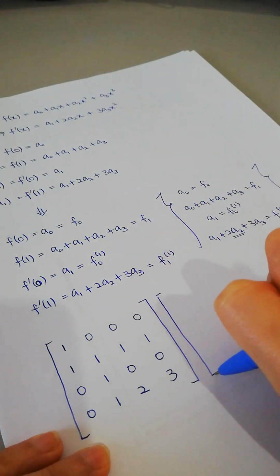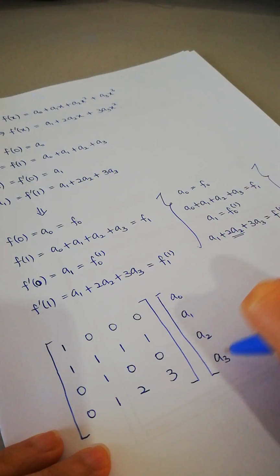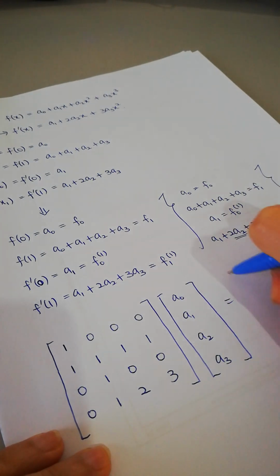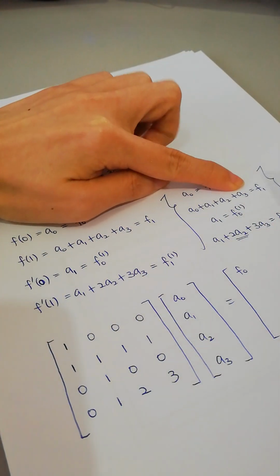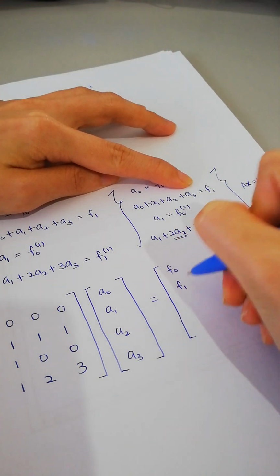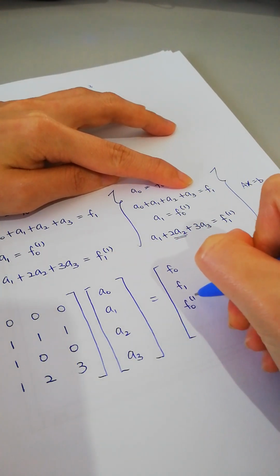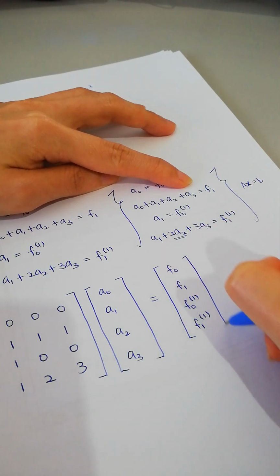What is your x? Your x is a0, a1, a2, a3. So what is your b? Your b is f0, then f1, then f'0, and then f'1.